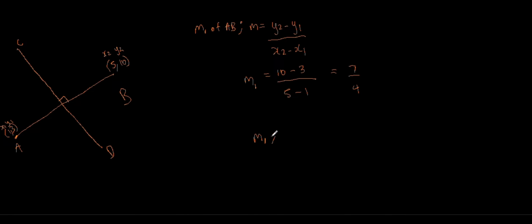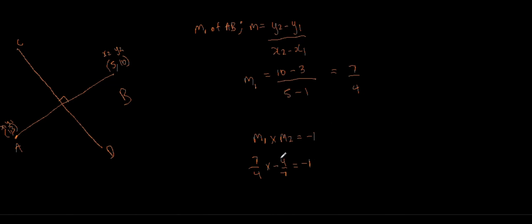Let's call the gradient of CD m2. So m1 times m2 must equal minus 1. So 7 on 4 times minus 4 on 7 would give you minus 1.